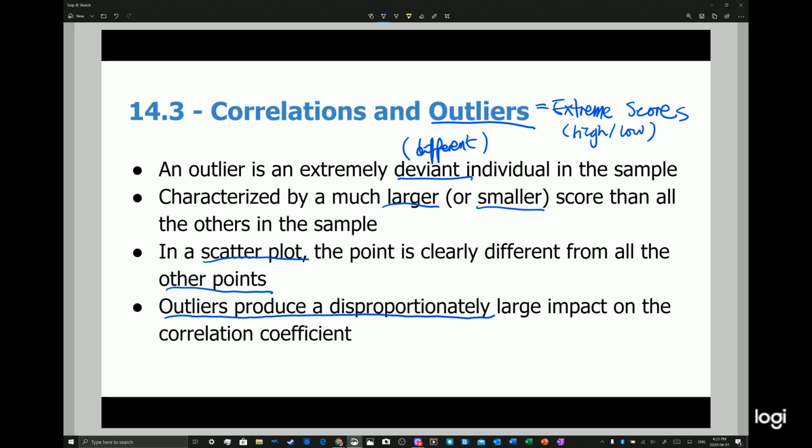It could be something that has a really different score than somebody else. And when that's introduced, that can change our measure of the correlation coefficient. So this is why the last point says, outliers produce a disproportionately large impact on the correlation coefficient.